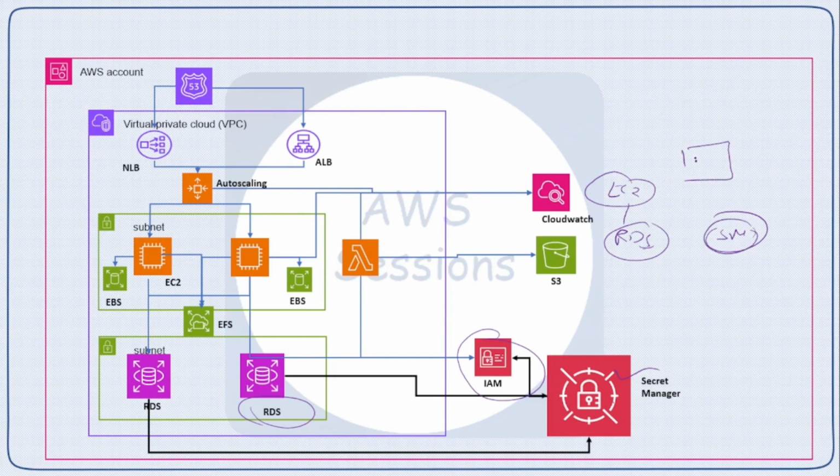So the policies of the IAM role that was created earlier need to be updated. Now we need to allow the role permissions to Secrets Manager as well as RDS, so that it can access them. Now the EC2 instance will go to Secrets Manager for the credentials and then access the RDS. This is how it will work.